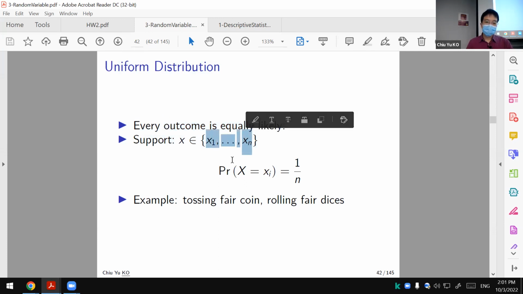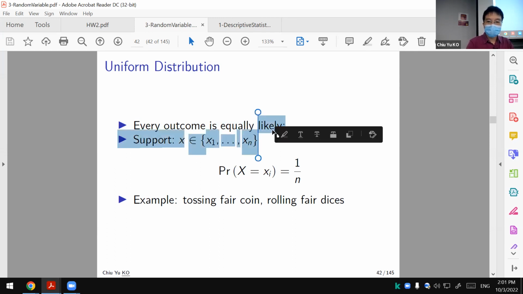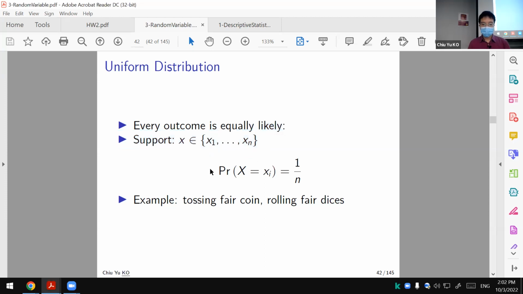Say in the case of a die it is 1 up to 6, and in the case of tossing a coin twice it can be 0, 1, or 2. So just a bunch of numbers, and they're equally likely.